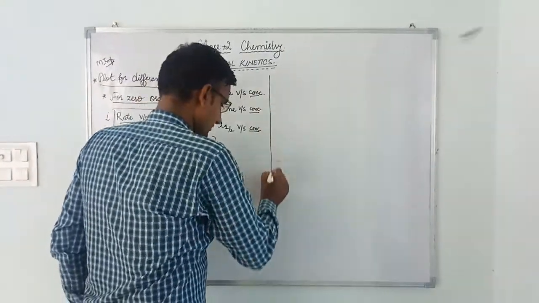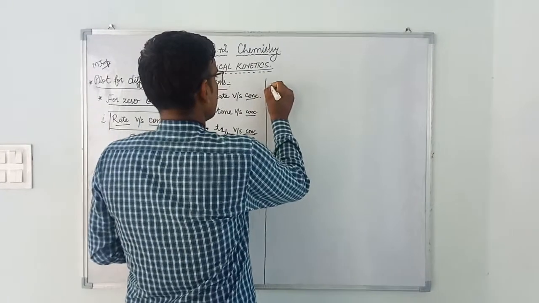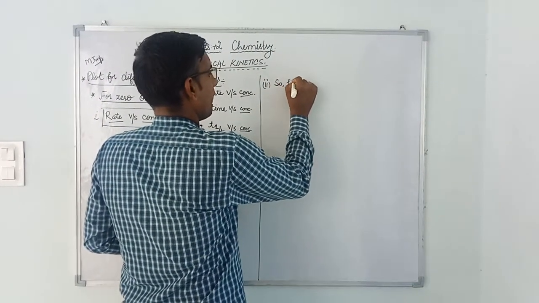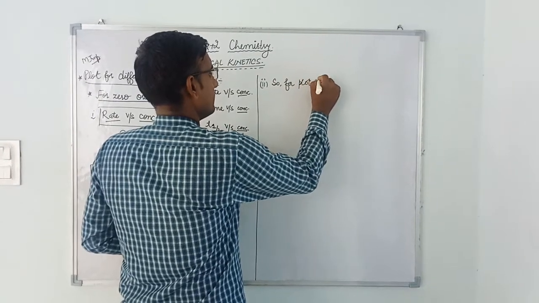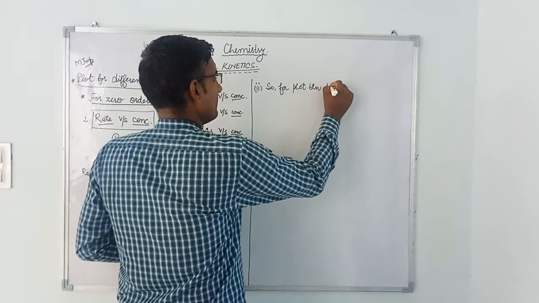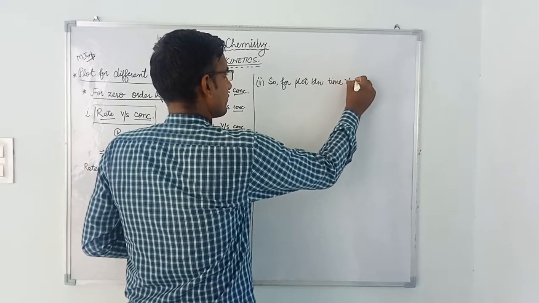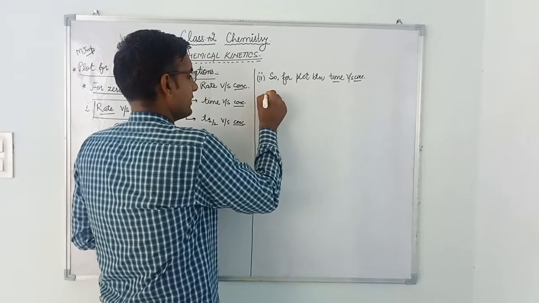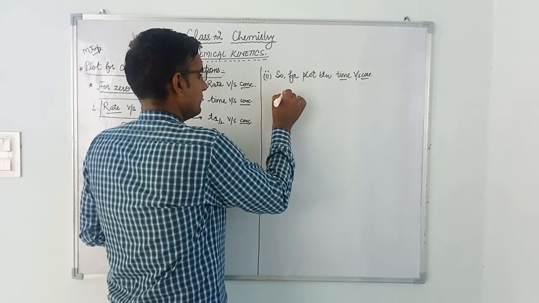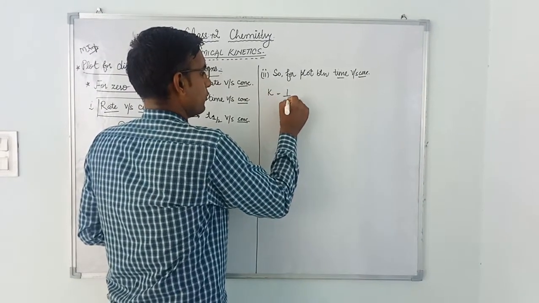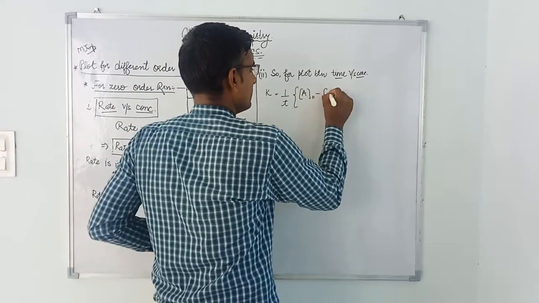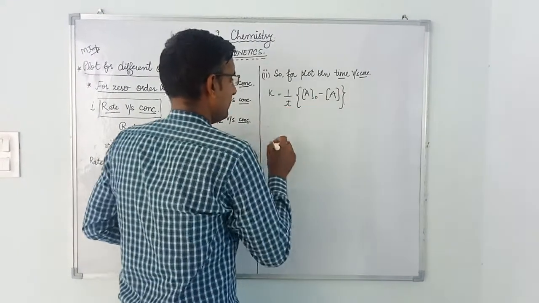Now, since it is a zero order reaction, for the plot between time versus concentration, we have the relation, remember the relation: k is equal to 1 upon t, initial concentration minus concentration after time t.